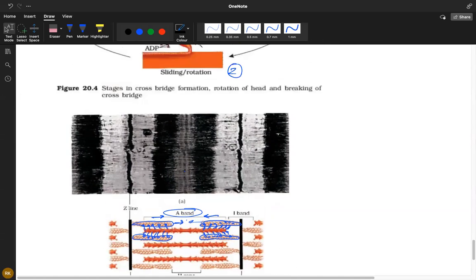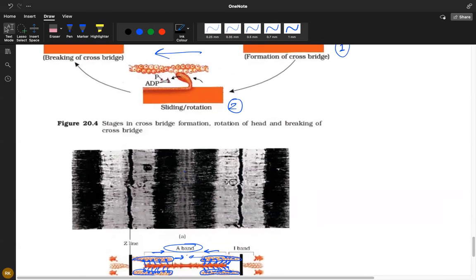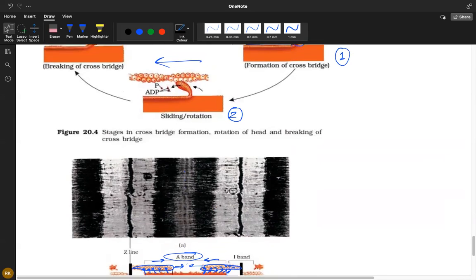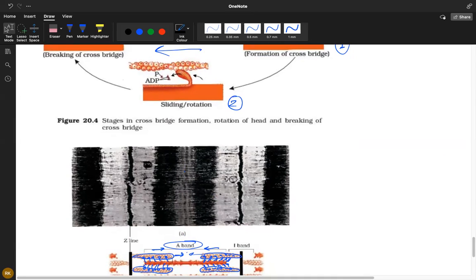Yes. So write down the first point. The binding of myosin head to the actin filament will pull the attached actin filament towards the center of the A band.